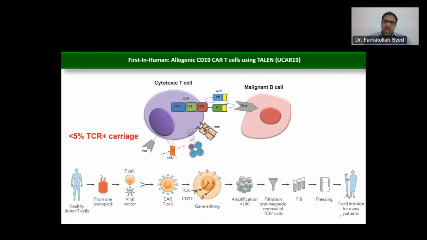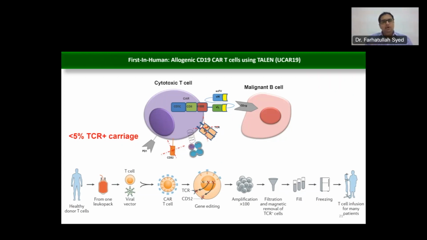However, using TALENs, we were not satisfied with a number of things, like the efficiency of TCR knockout, which is not that great, because the reagents were supplied by electroporation to knock out alloreactive molecules, and the TCR positive carryover was at least 5%, which is enough to cause some kind of toxicity or GVHD, I can say.